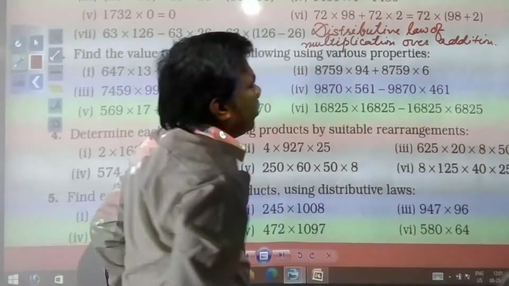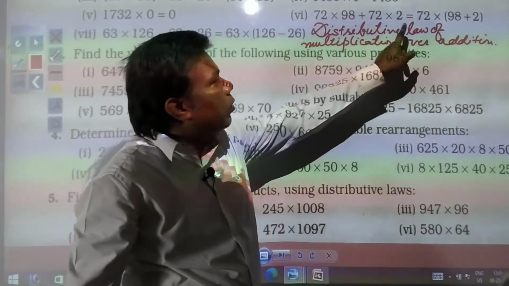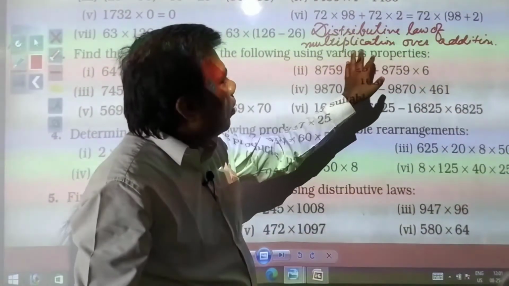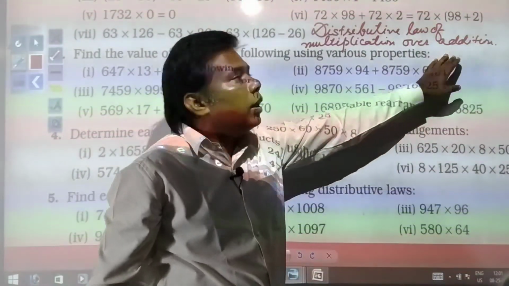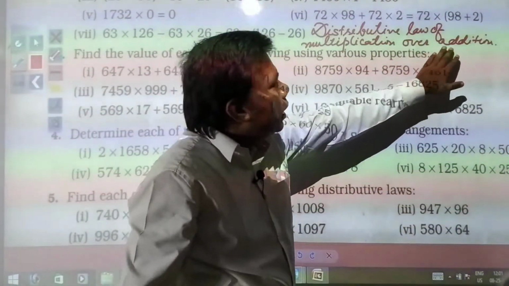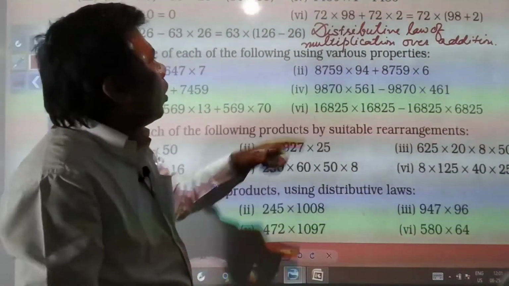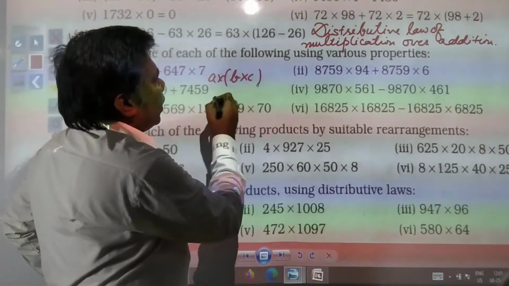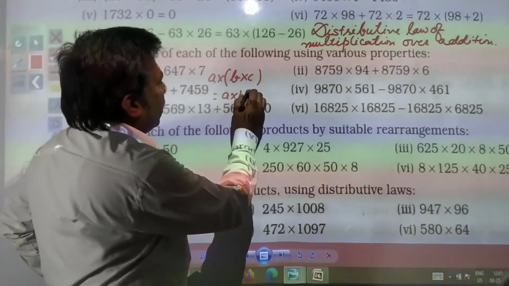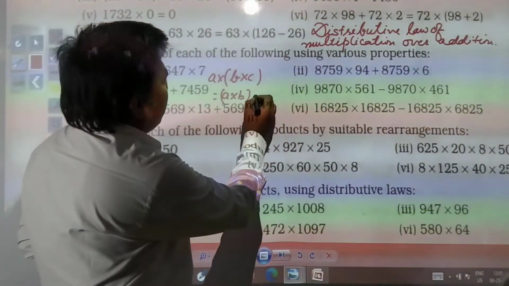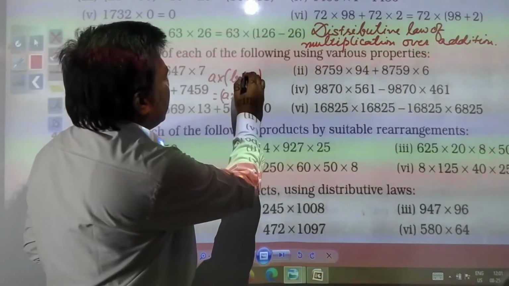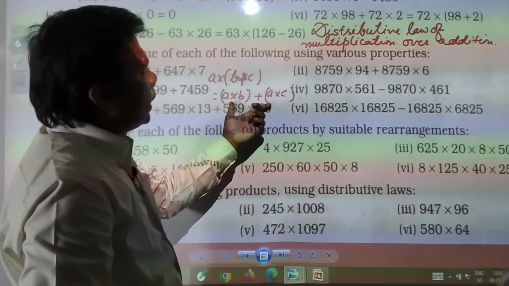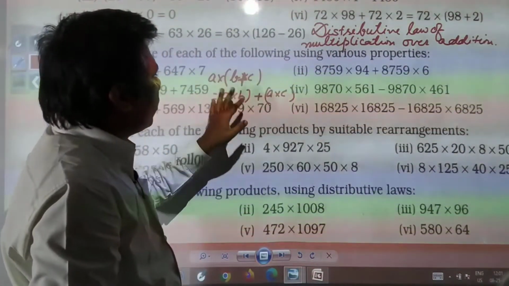So this is required to be remembered. If a plus sign will be there in between, then it will be the distributive law of multiplication over addition. If a minus sign will be there, that will be subtraction. So your law is what? A into B plus C is equal to A into B plus, yes, plus sign will be there, plus A into C. This is the distributive law of multiplication over addition.